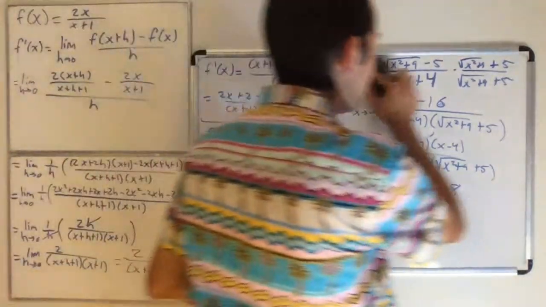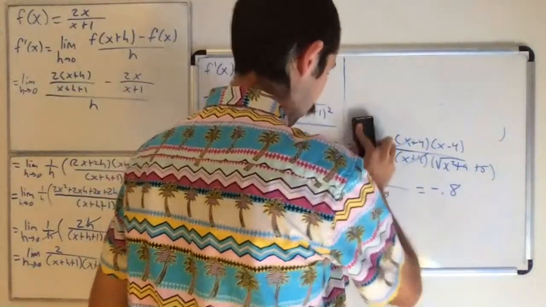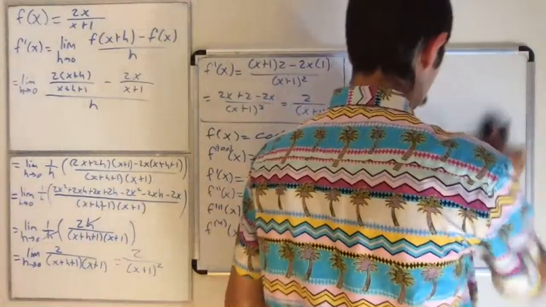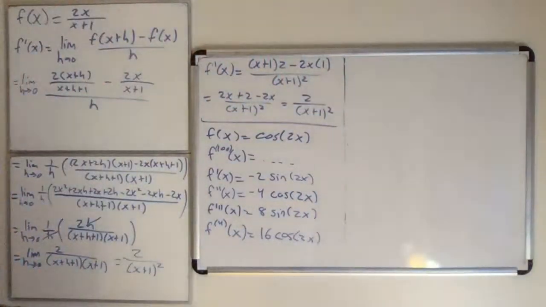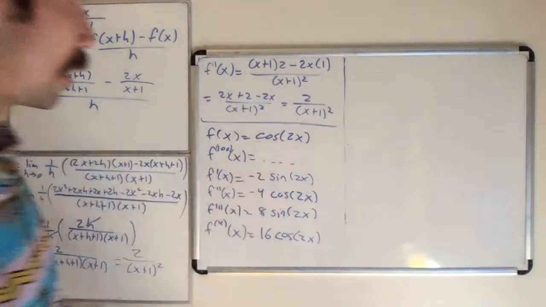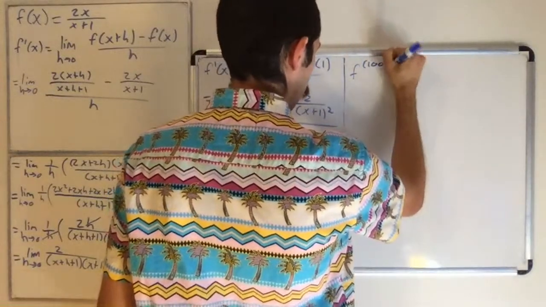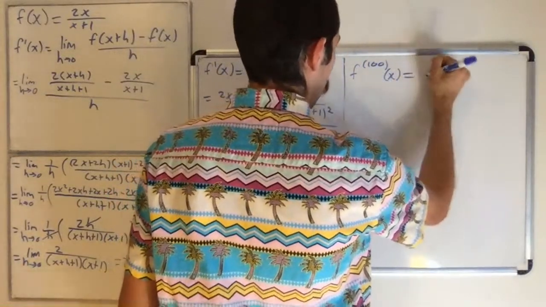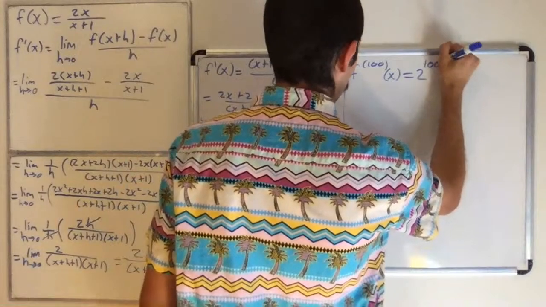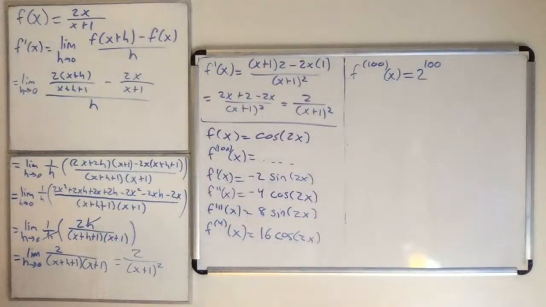So for the 100th derivative of cosine of 2x, we'll have 2 to the 100th power as our leading coefficient.